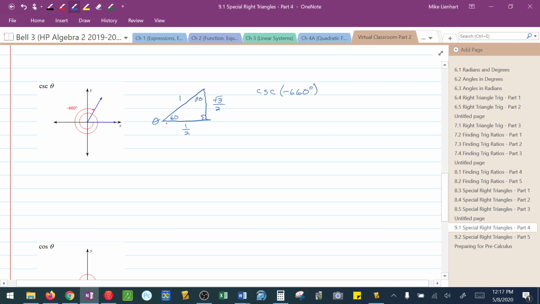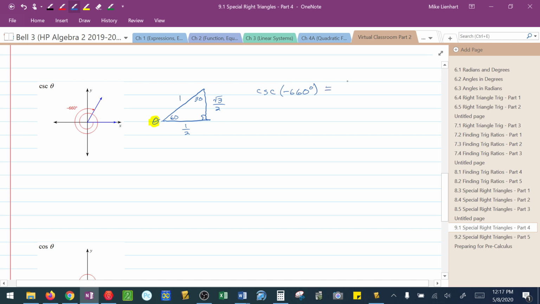I'm going to reference back to theta. Now, I know that cosecant is 1 over sine, so the reciprocal of sine. I know that the sine would be square root of 3 over 2 over 1, opposite over hypotenuse from theta.